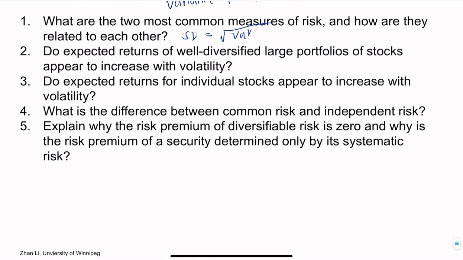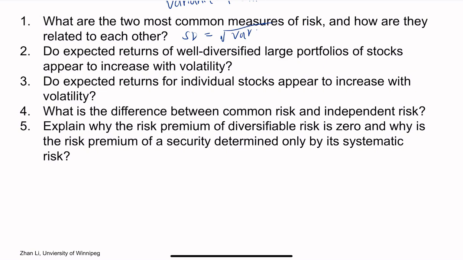Okay, the fourth question, what is the difference between common risk and independent risk? Well, if you wanted to be precise, you could use probability theory to precisely define common risk and independent risk.